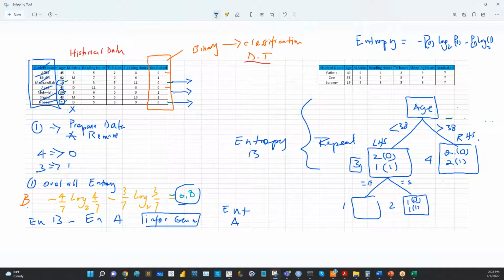And how about the non-single? We got 1, right? And so how many zeros do we have? 1, 0. And how many ones? We don't have any ones for this.